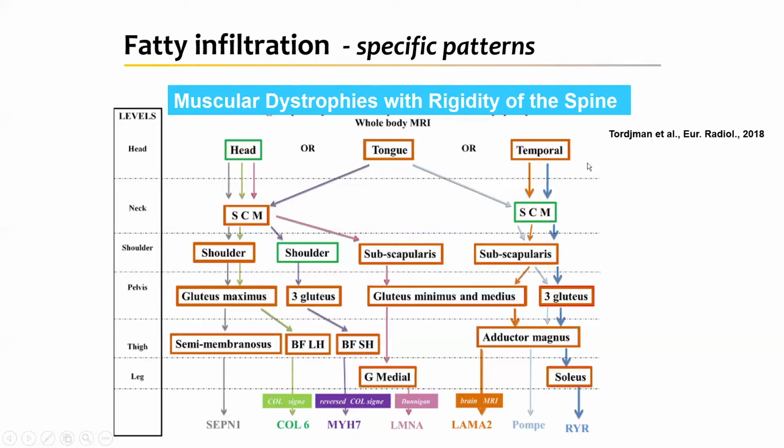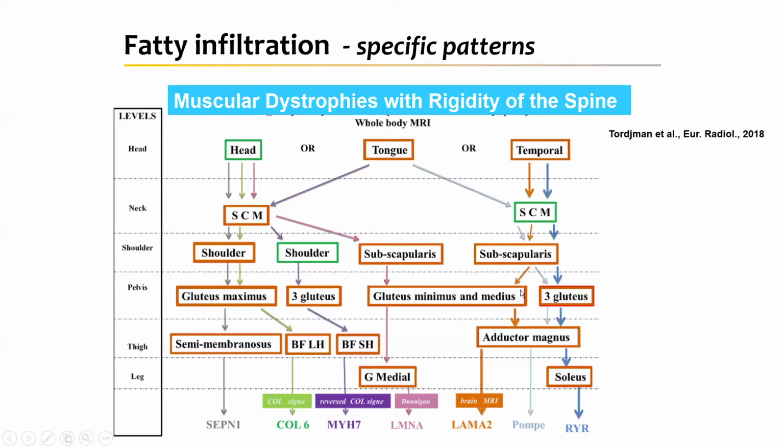What whole body MRI can also identify for you, and it's not that often, is if you have the temporal muscle that is fatty replaced, you just have to follow 2 main tracks. One will guide you to RYR1 mutation, and we'll see that also later, because you have preferential involvement of adductor magnus and soleus.